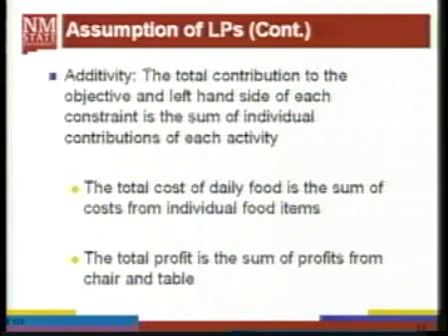And the additivity assumption of linear programming is that the contribution of any variable to the objective or a constraint function is independent of the values of the other decision variables, okay?